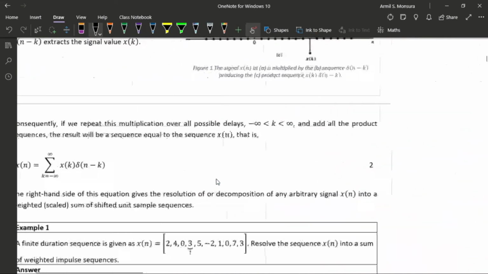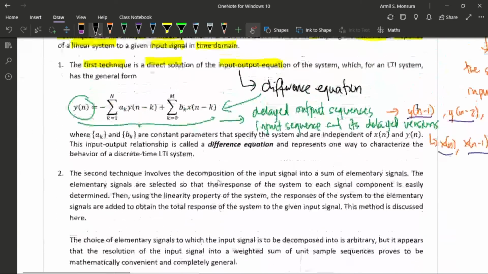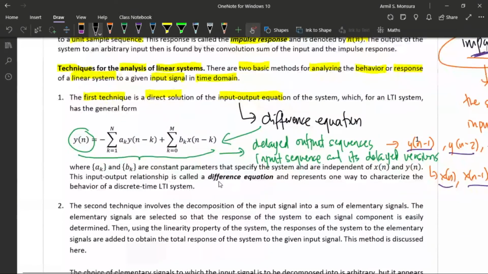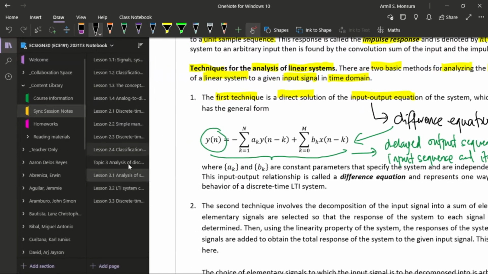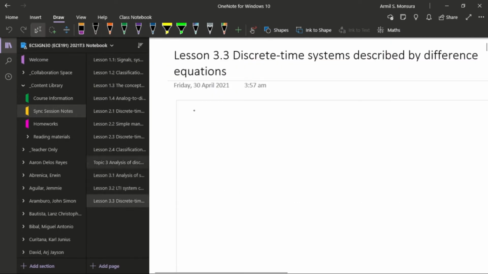Now, in order for us to analyze that system, we need to solve this difference equation, and this is something that we will develop in a future lesson, Lesson 3.3.